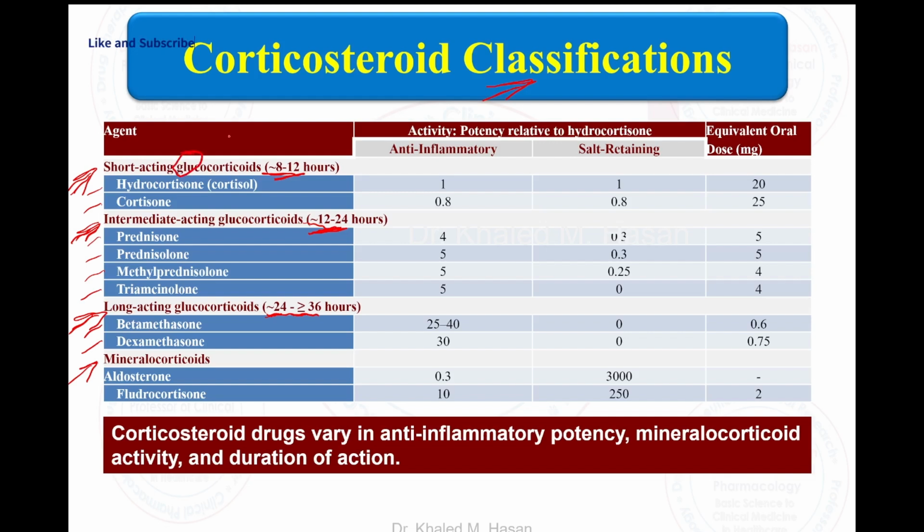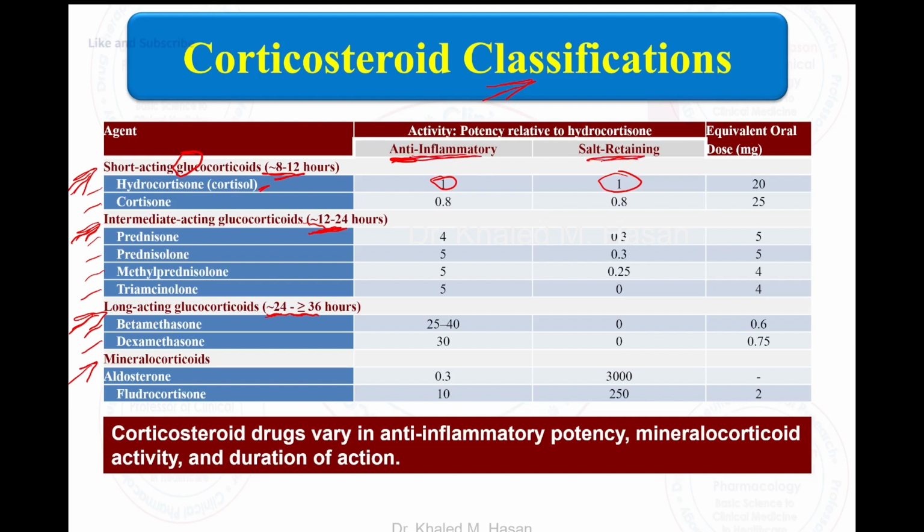When we talk about the glucocorticoids, here we talk about the anti-inflammatory effect. That means we use this medication as an anti-inflammatory for patients suffering from pain, inflammation, arthritis, whatever. The standard for comparison is hydrocortisone, cortisol, at 1:1. Hydrocortisone carries two main functions: salt retaining and anti-inflammatory.